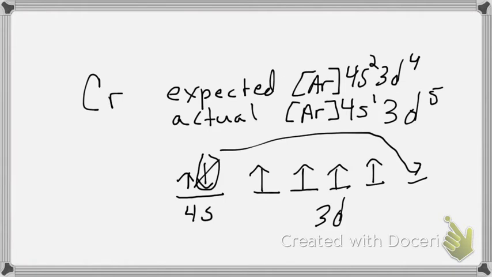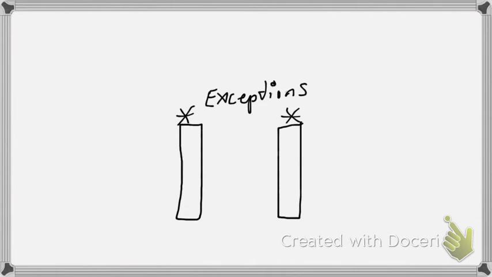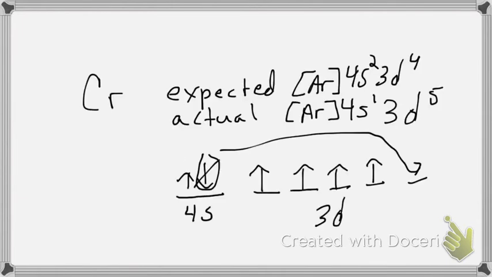If you go and look at the one below chromium, molybdenum, Mo, it would be the exact same thing, except instead of 4s1 3d5, it would be 5s1 4d5.